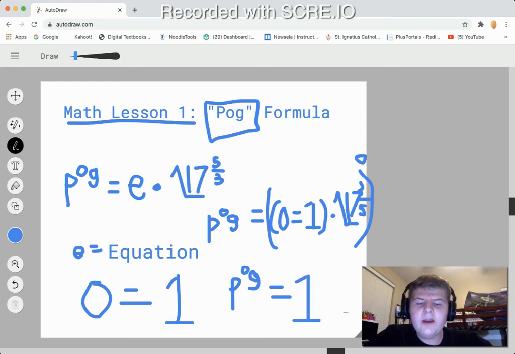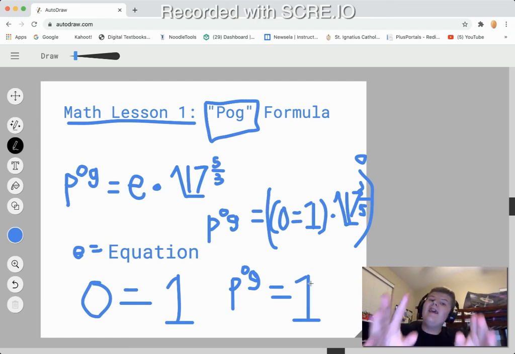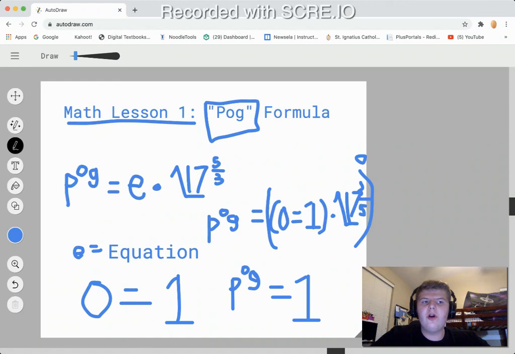So, what can we infer from this? We can infer, because 0 equals 1 and P to the 0 sub G equals 1, P to the 0 sub G in this scenario is equal to 0. So, this equation is solvable because P to the 0 subscript G actually has a value that we can use to solve equations.